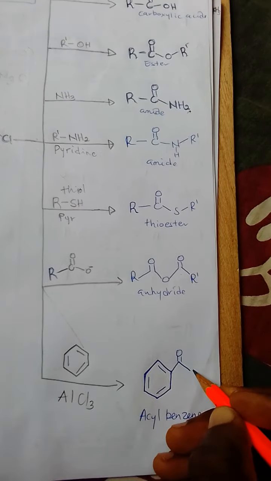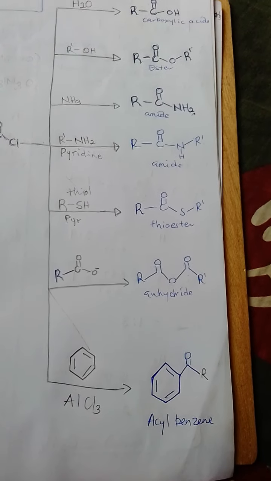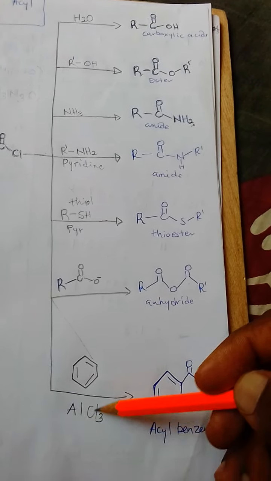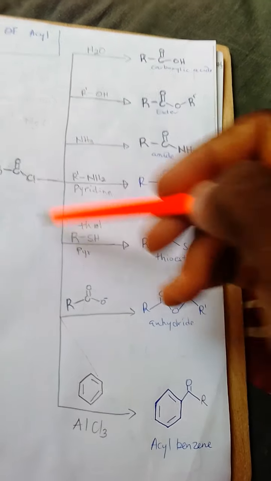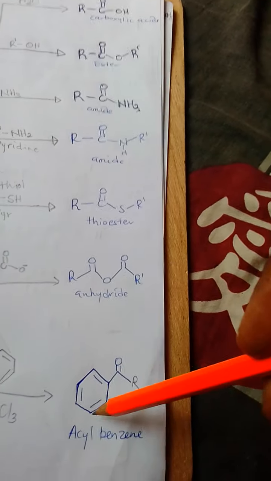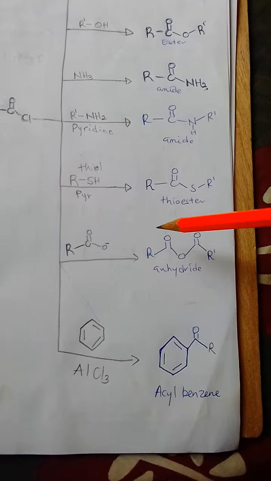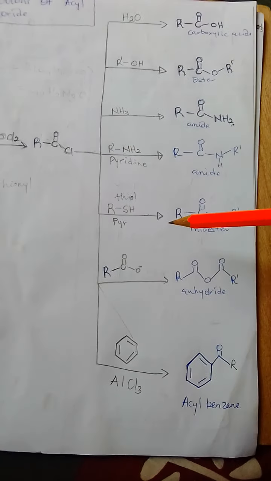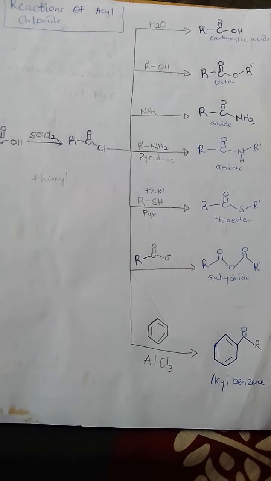So you get something like this. Let's say here we have an R. This catalyst tends to abstract this chlorine. Then this carbon will react with the benzene to form an acylated benzene or an acyl benzene. This reaction is called Friedel-Crafts acylation. So basically these are the major reactions that acyl chlorides undergo.